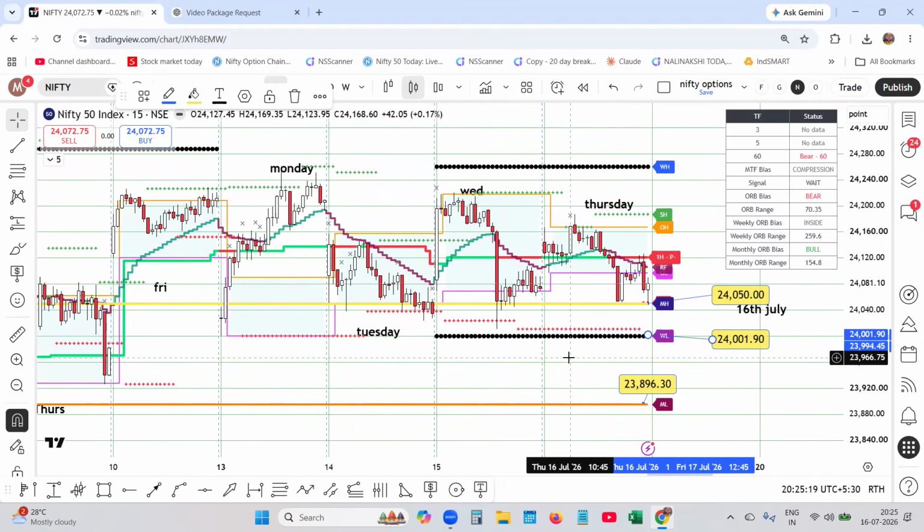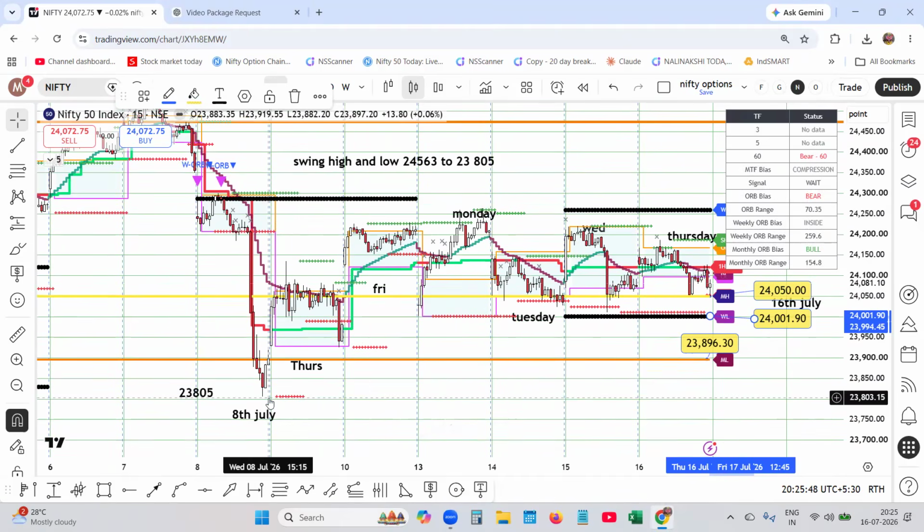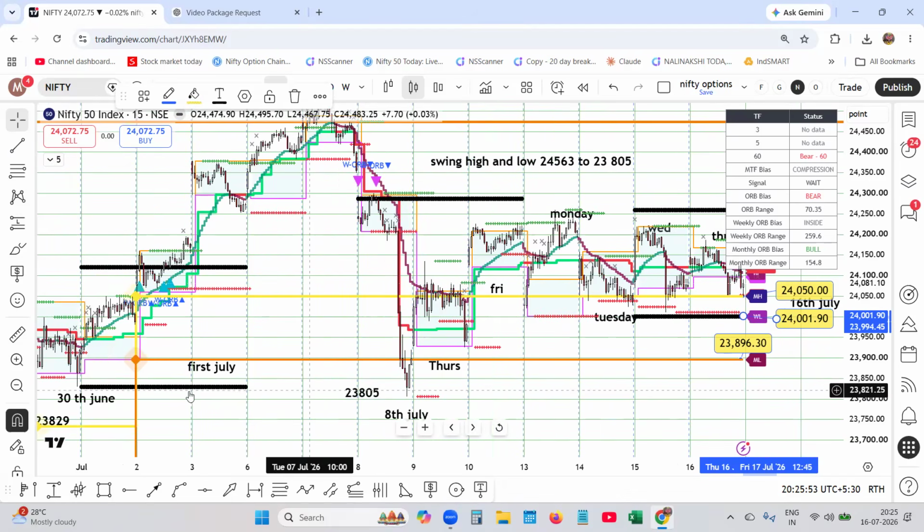Tomorrow is Friday, whether it will be in this range Friday, or even if it goes up, it may trade within this range also Friday, or only if it starts breaching this low, 23,997 to 24,001, then the market starts moving down again, and this is the 8th July low. 8th July low and 1st July low is here.